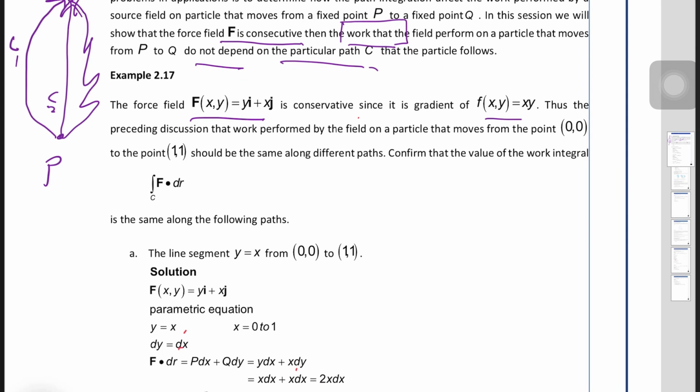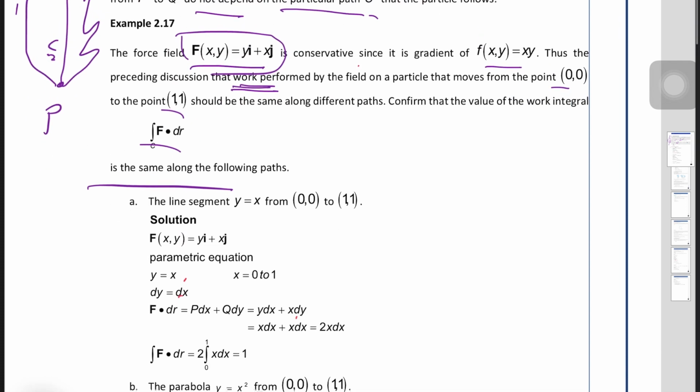Jadi idea dia F ni, vector field is conservative, jadi work akan dapat nilai yang sama walaupun path yang berbeza daripada (0,0) ke (1,1). Say confirm that the value of the work integral F dot dr is the same along the following paths.